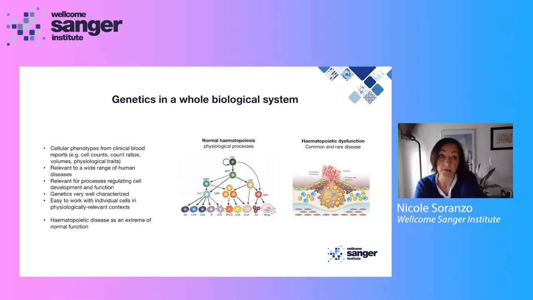So we know these cells are obviously important for a number of physiological processes, including oxygen transport and immunity, and are tightly controlled under normal homeostatic conditions. We also know that these parameters are altered in diseases that result in hematopoietic dysfunction, and these are many common and rare diseases as well as cancers.